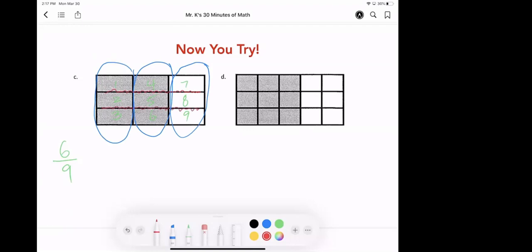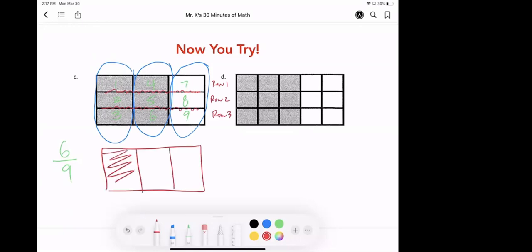So instead of having 3 rows, there's row 1, row 2, row 3, what we're going to end up with is something that looks like this with only 1 row. And so then what we would have is 3 pieces, 3 equal pieces. One of them is shaded, so that would be 1/3. 6 ninths equals 1/3. But we got to show it in a number sentence too.